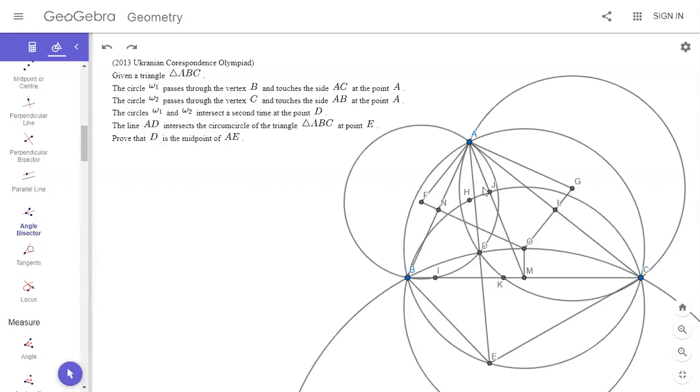Yeah, we want to show BDA is similar to BEC. BDA and BEC. Is it true? How do we show BDA is similar to BEC?